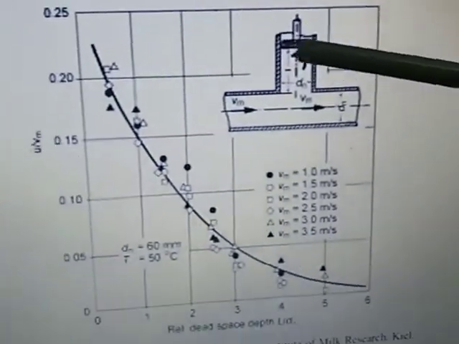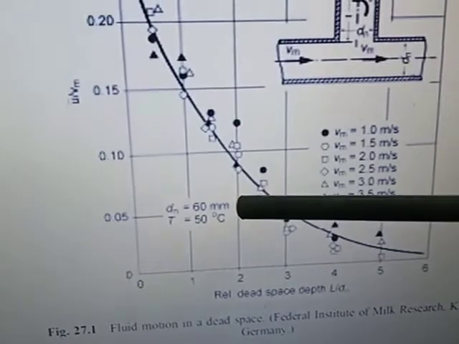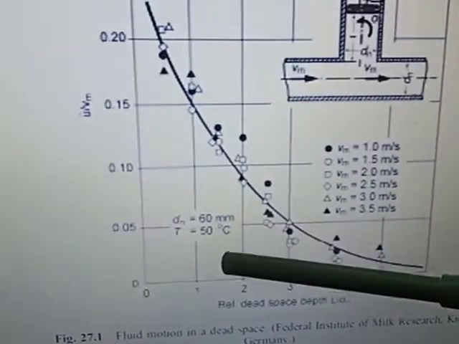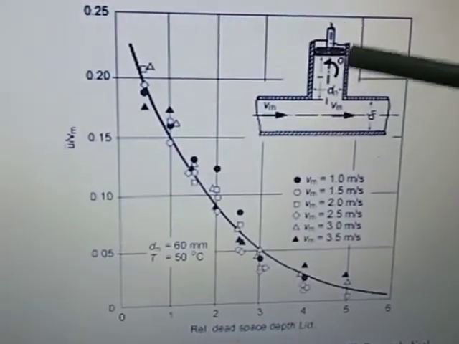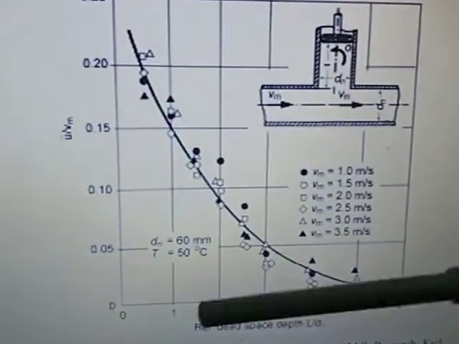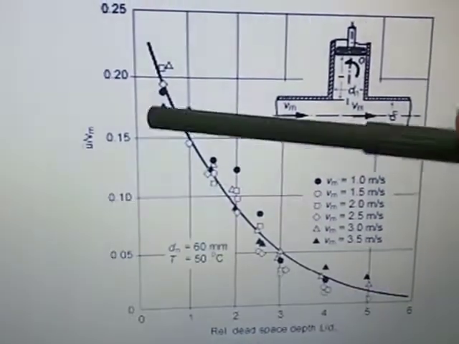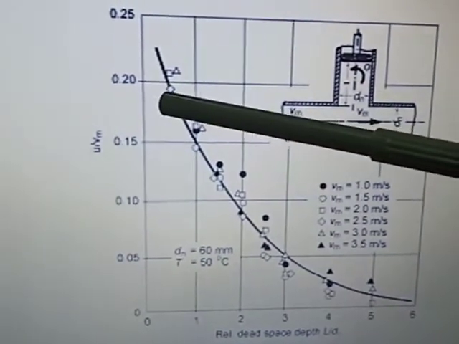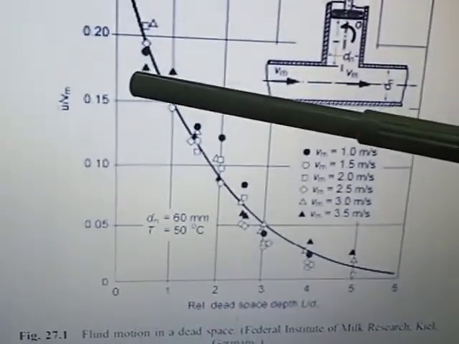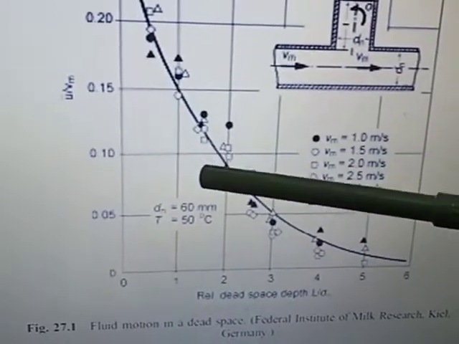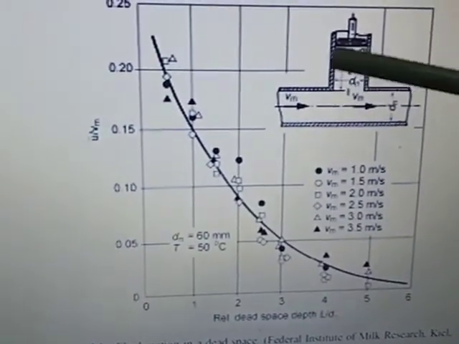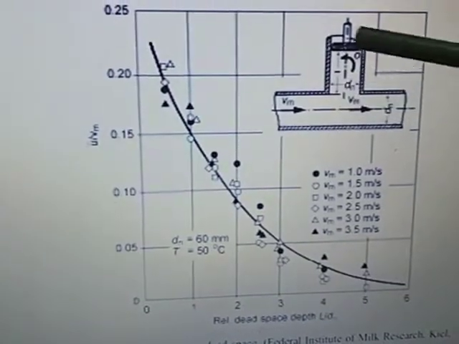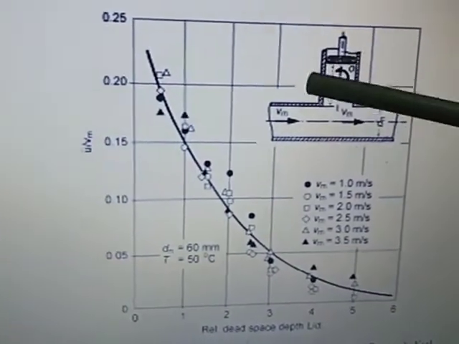This graph shows the velocity against dead area depth. Depth means the length of this dead area. If you increase the velocity, the turbulent condition in this dead area will be increased as well.